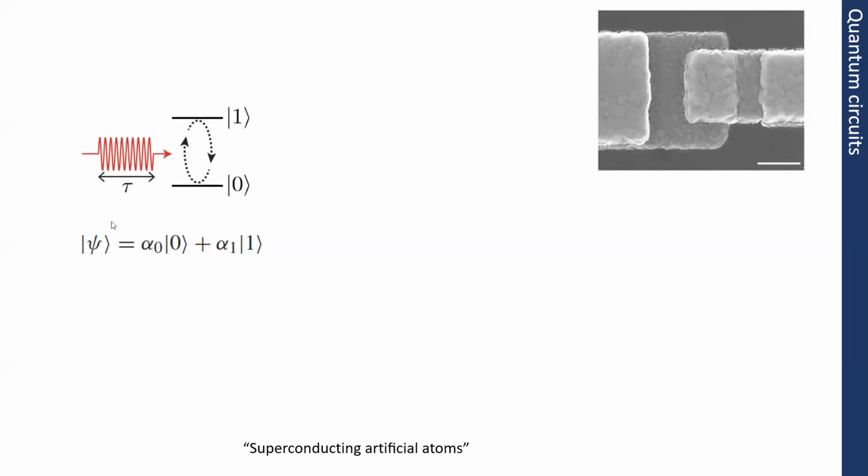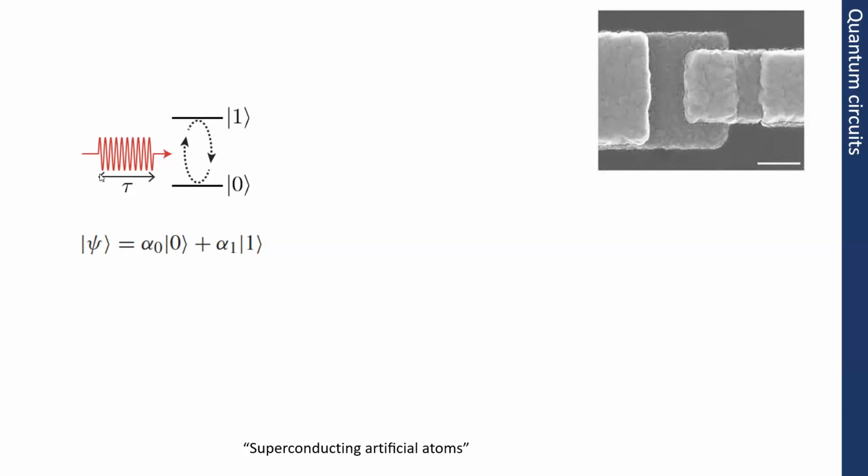What can we do with them? We can send an electromagnetic pulse with some duration theta, and we can control this pulse duration. There is a rigorous theory that describes these interactions, but the result is as follows. In a simple way, the duration of this pulse creates the superposition between state 0 and state 1.